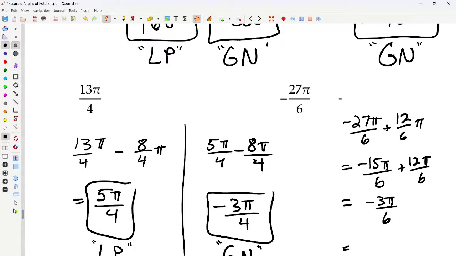So this is going to be our greatest negative, but we should reduce it to -pi over 2. And I could have done that from the beginning, okay? When I wrote this last night, my dogs were jumping all over me, so I made some silly mistakes.